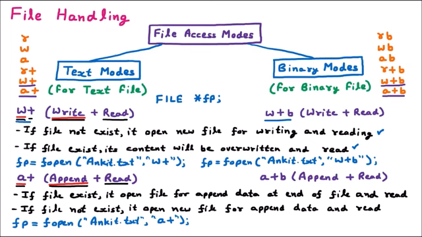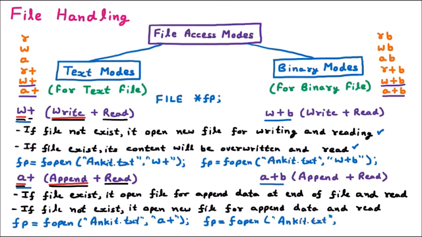Corresponding to A plus, we have A plus B, that means append plus for the binary file. So here we have append plus read. That means we can use it in C programming by saying fp for the file pointer equal to fopen. We open the file by giving the name of the file, ankit.txt, the text file, comma.